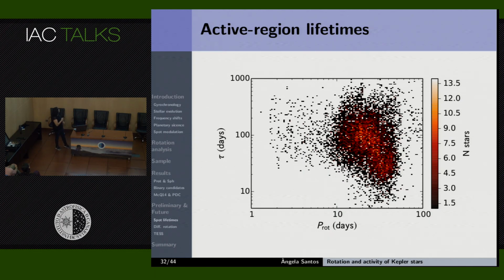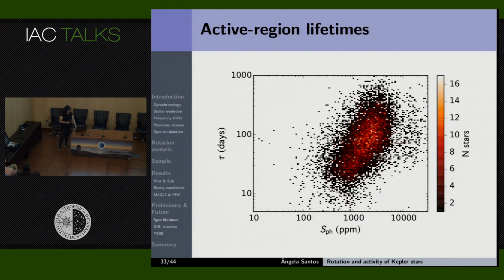So we have lifetimes as a function of rotation period, and we can see the spread into the two sequences in rotation period, but we can see that lifetimes increase for faster rotators. And this is lifetimes as a function of the activity index.